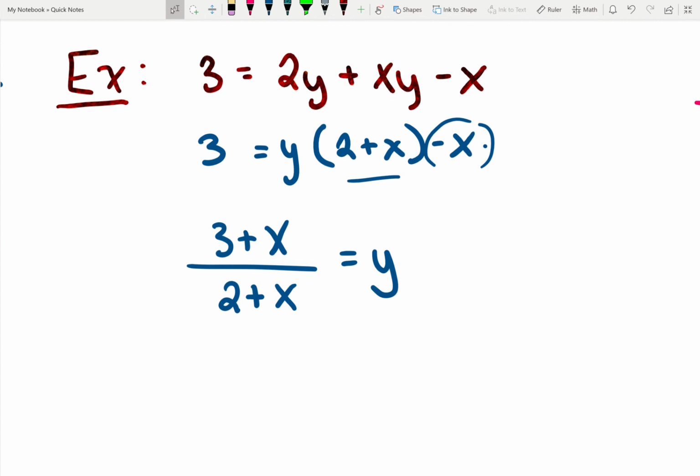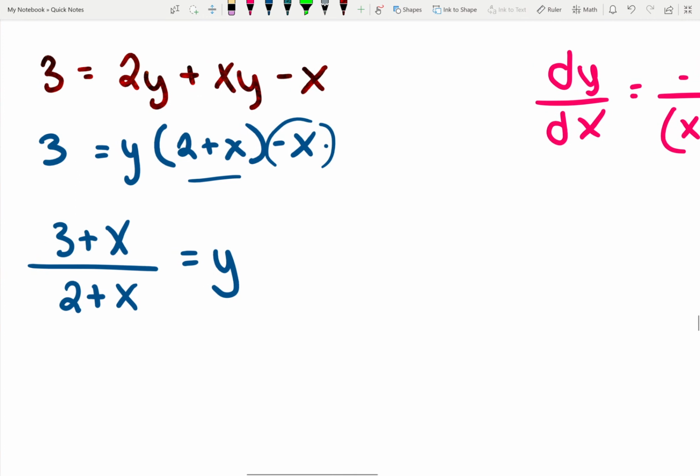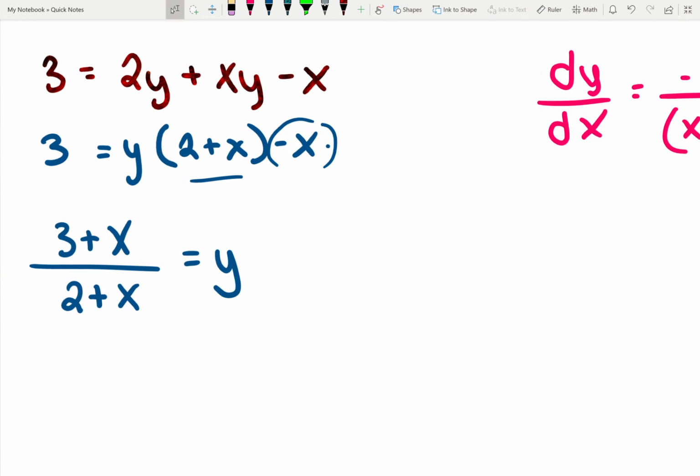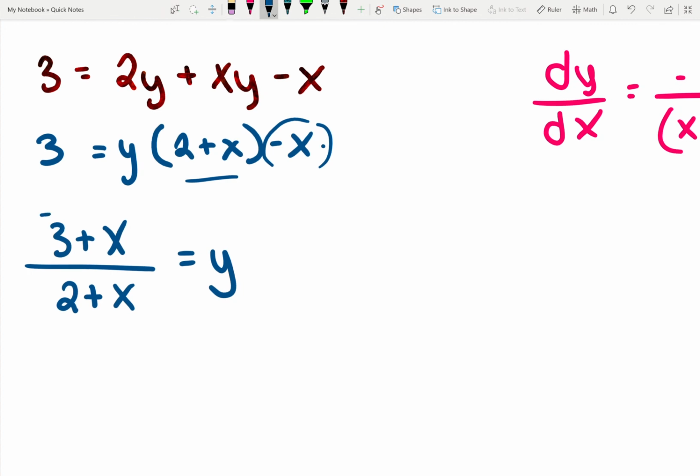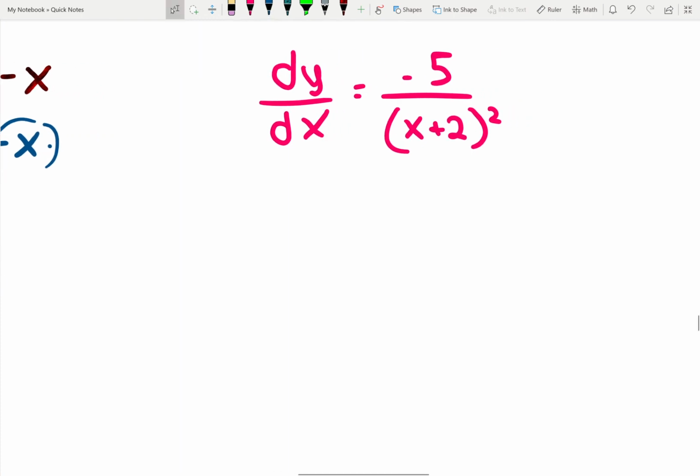So right now, x can't equal minus 2 because then we'll get a 0 in the denominator. Okay, so what is the derivative of this guy? We're not going to do it on this page because it's going to take too long. And you guys know if you have a fraction like this, you got to use the quotient rule. And if you do it right, you'll get this answer. -5 over (x plus 2) squared.